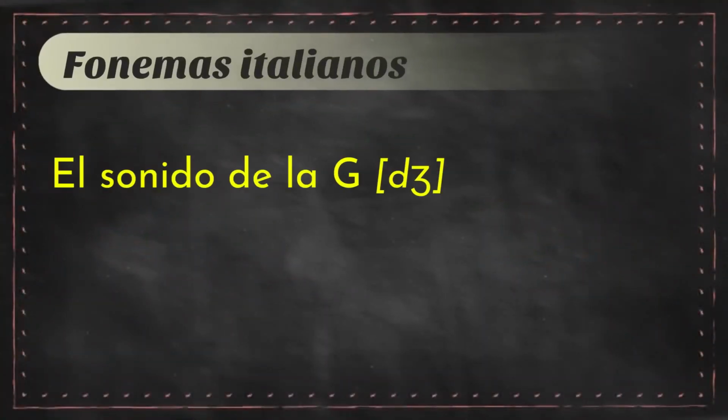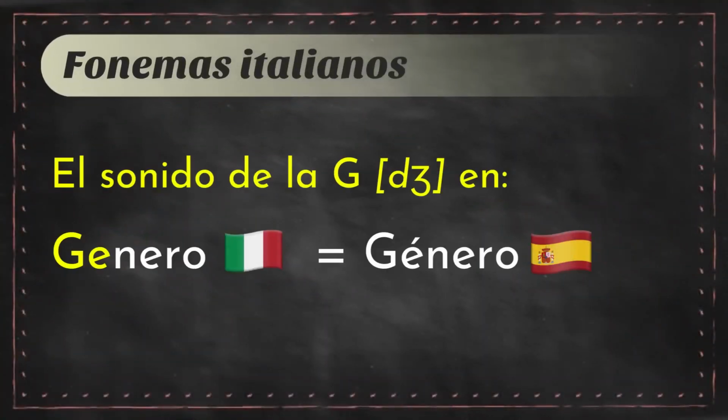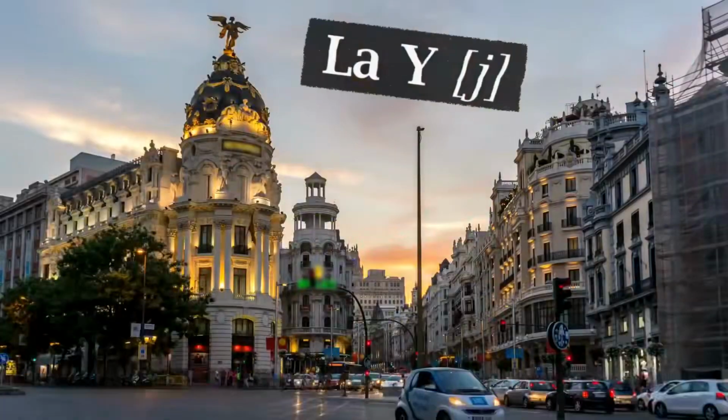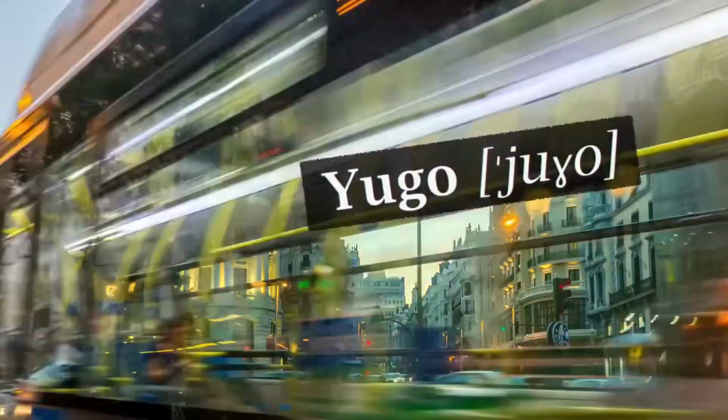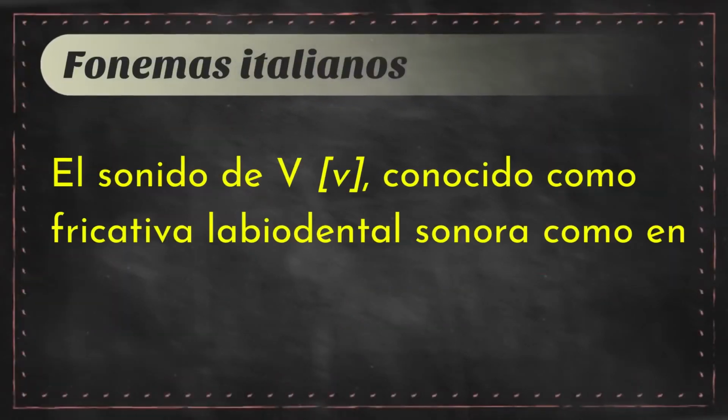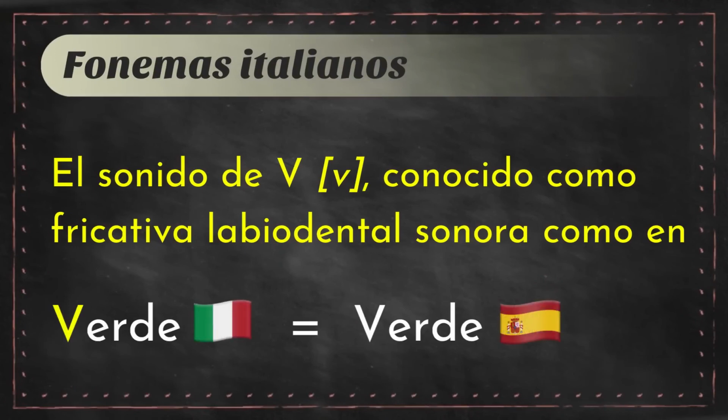The sound of G in Gennaro, although in Spanish there is one that can have a lighter sound in words like yugo. The sound of SC in piscina. The sound of V, known as voiced labiodental fricative, as in verde.